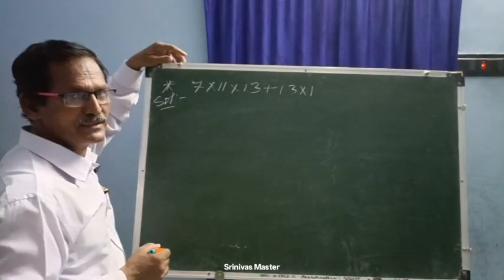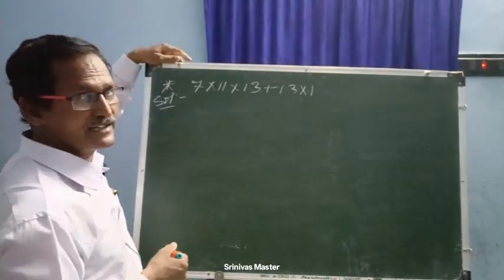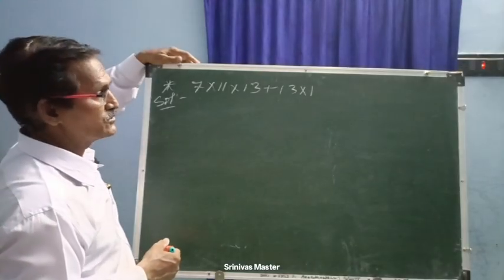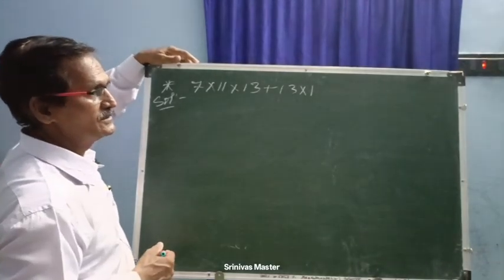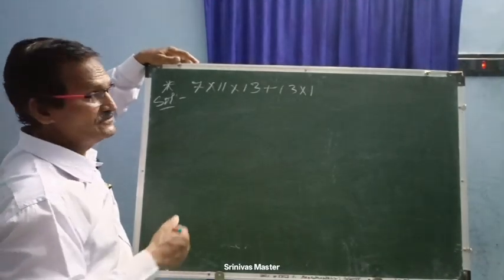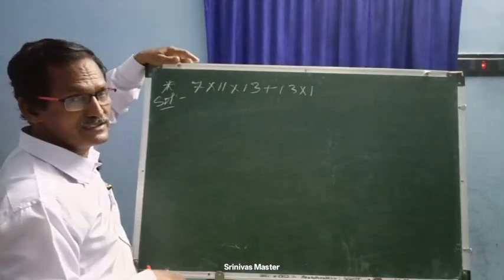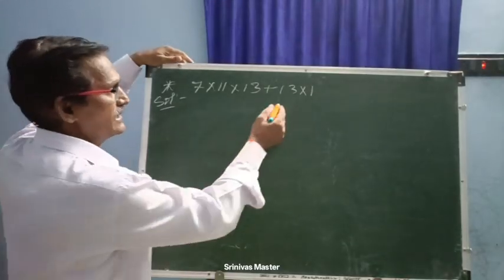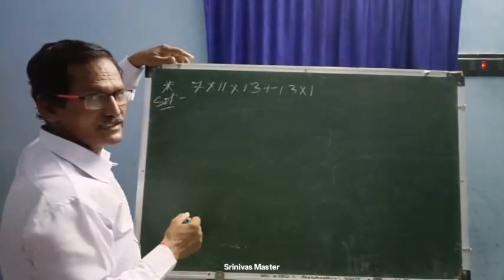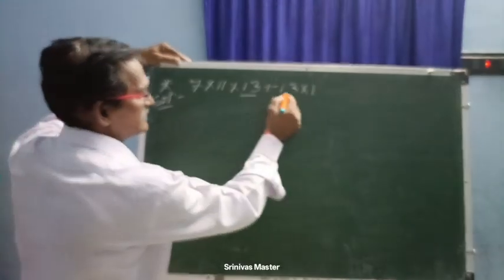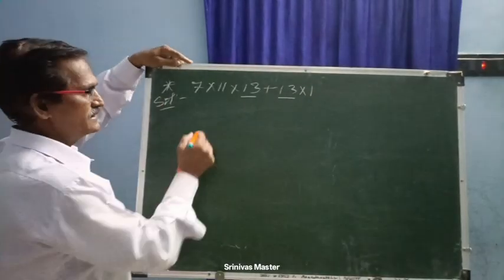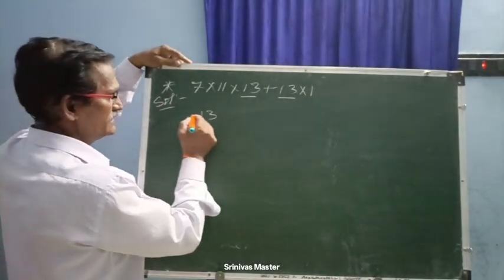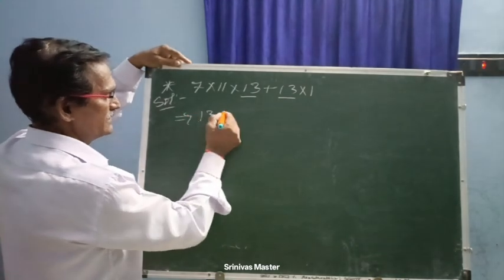What will happen when you take the common factor? Easily you can identify. Most children can take it directly, but some get confused. After taking the common factor, 1 is remaining, so you can write 13 into 1, 13 ones are 13. The common factor is 13.